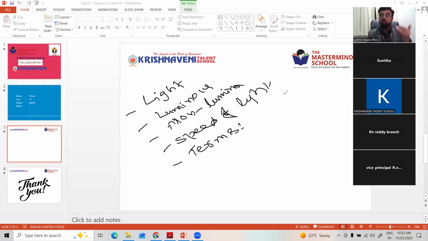Those which completely allow the light to pass through them, like plastic or glass or paper, are called transparent medium, and those which partially allow some light, like oil paper, butter paper, and all, come under translucent. All these are called optical mediums only. Optical medium can be either homogeneous or heterogeneous, depending on how the molecules are composed.